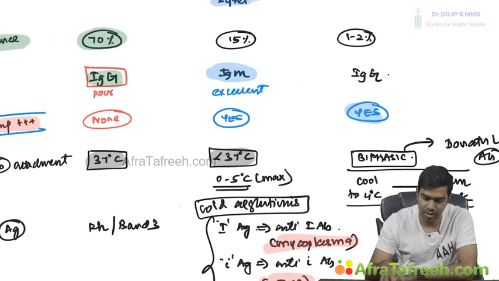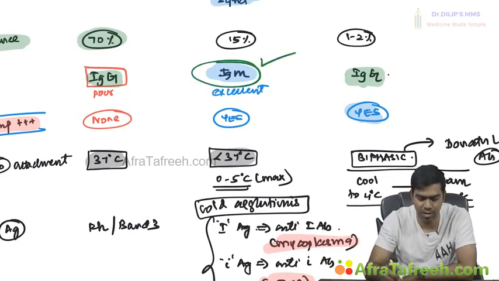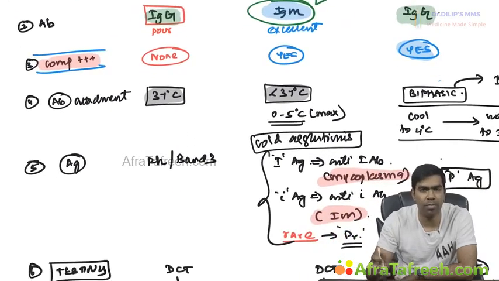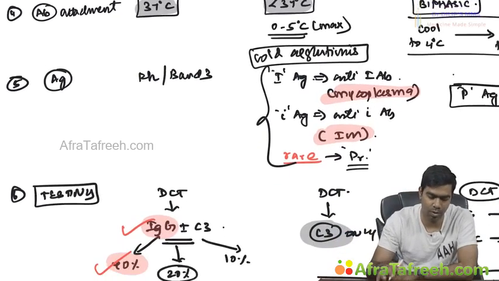Antibody wise, paroxysmal cold hemoglobinuria and warm type are both IgG, whereas the only IgM type is the cold agglutinin type. Complement activation is seen only in cold types, not in warm types. Antibody attachment is also different: optimally at 37 degrees C for warm, at less than 37 degrees C for cold agglutinin disease, and a biphasic type of antibody binding with paroxysmal cold hemoglobinuria.